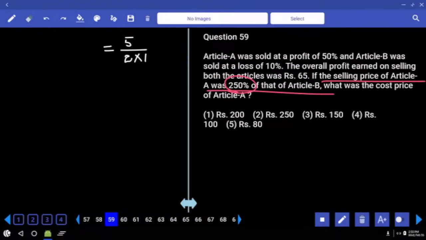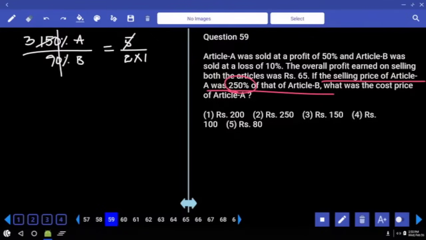So 5 by 2 is ratio for selling prices of A and selling price of B. I am taking A cost price as A and B cost price as B. A is sold at a profit of 50%, so selling price will be 150%. B is sold at a loss of 10%, so selling price becomes 90%. First of all, zeros and percentages gets cancelled.